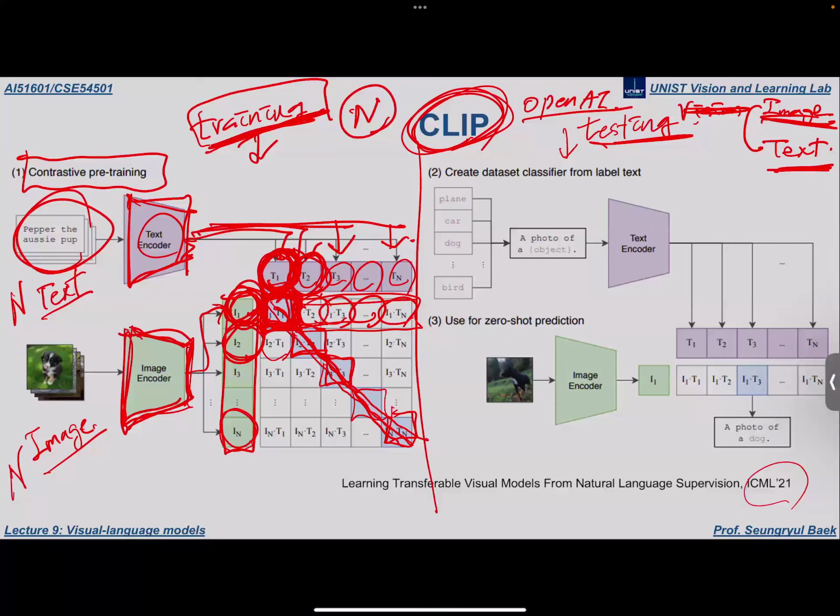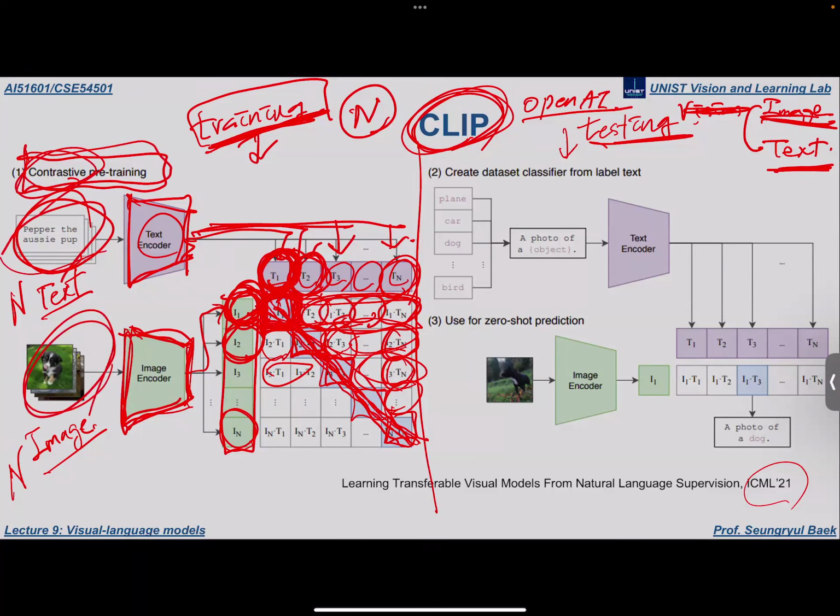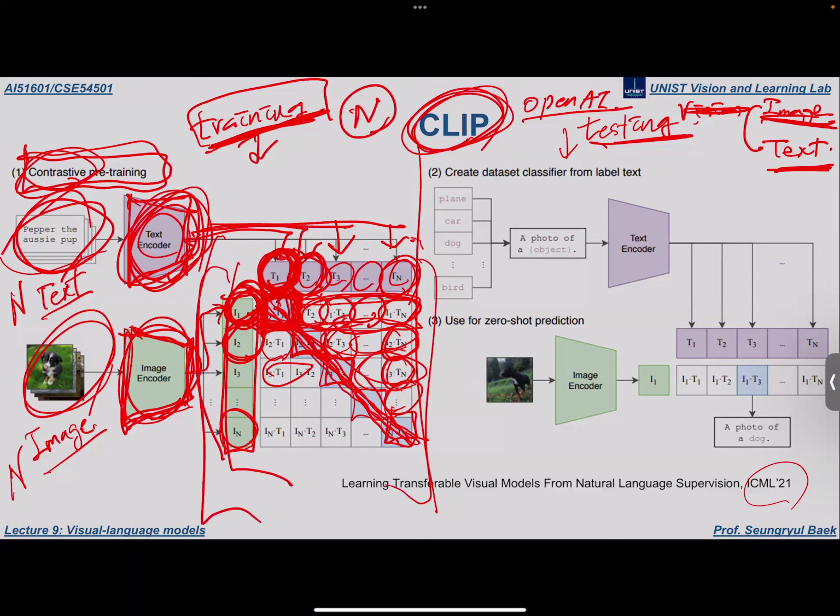If they are different, then they may have a value close to 0. So we want to increase the diagonal entries, but minimize the remaining cells. In that context, it is called contrastive pre-training. Using text and image pairs, we can train the image encoder and text encoder by using this kind of loss.